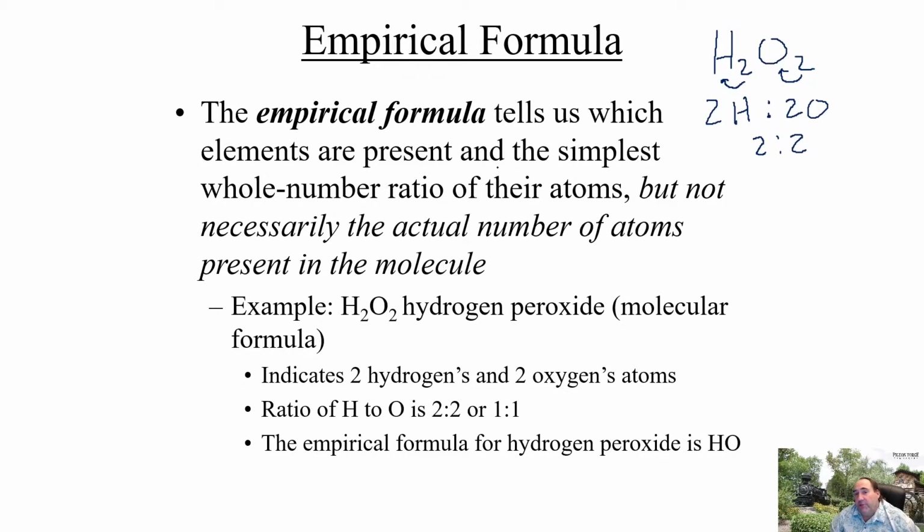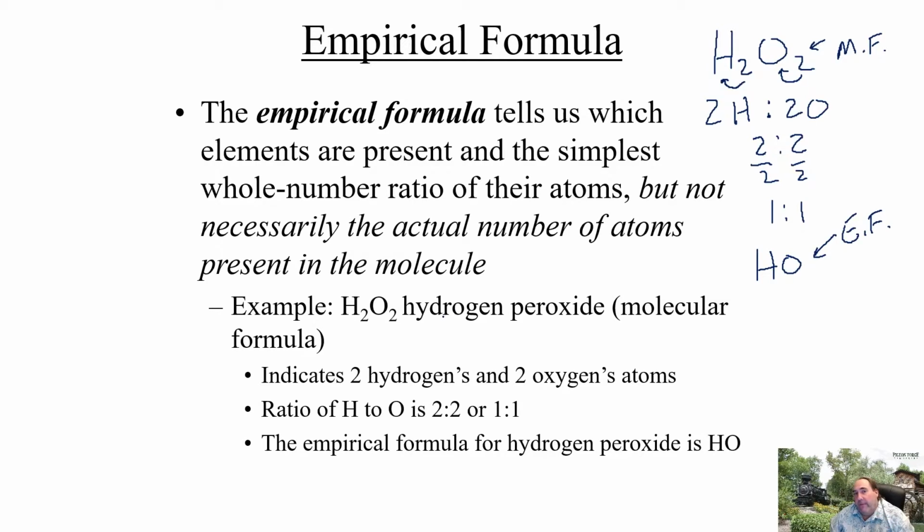And a 2-to-2 ratio is, if you just divide everybody by 2, the same as a 1-to-1 ratio. So you could basically reduce everybody down and still have whole numbers. And that will give you HO, as you see there. And this would be the empirical formula for this molecular formula that is present here. And it is the simplest whole number ratio that's present.